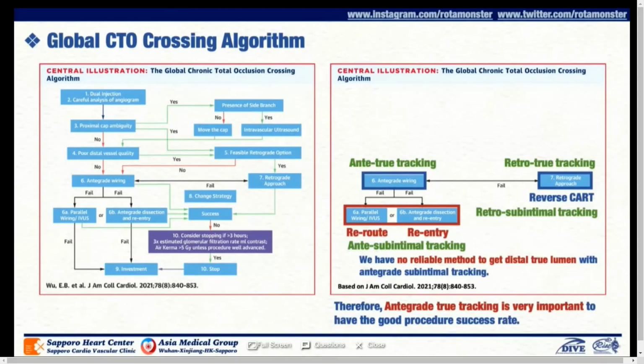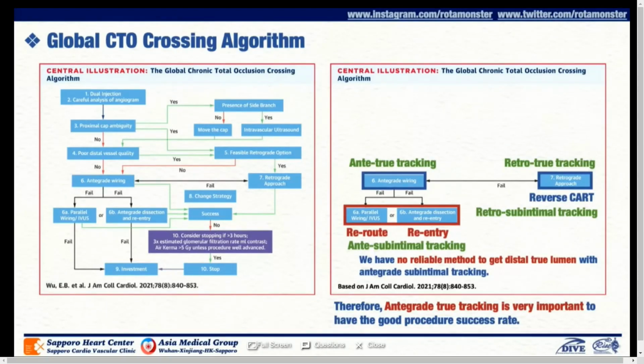The reason why many operators prefer the retrograde approach in recent CTO procedure is probably because the reverse CART concept works very well, whether it is true tracking or subintimal tracking in retrograde approach.